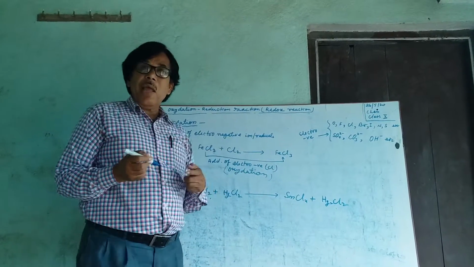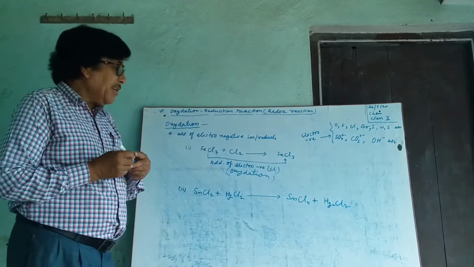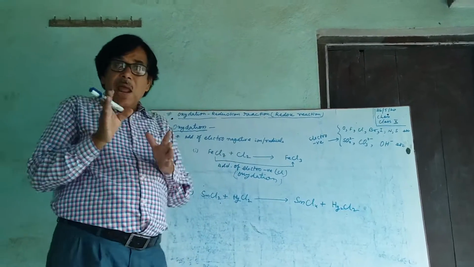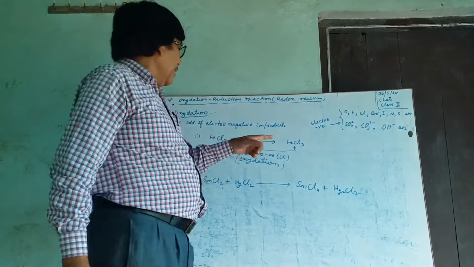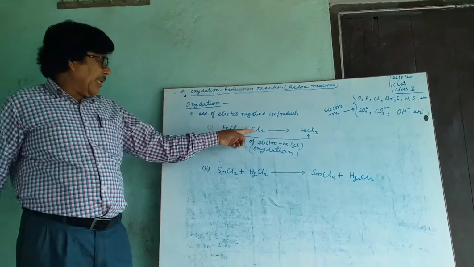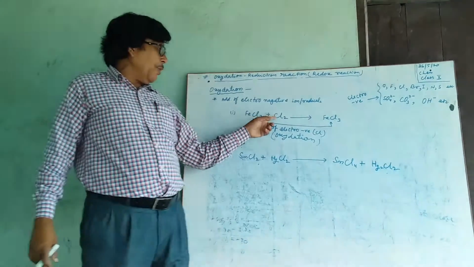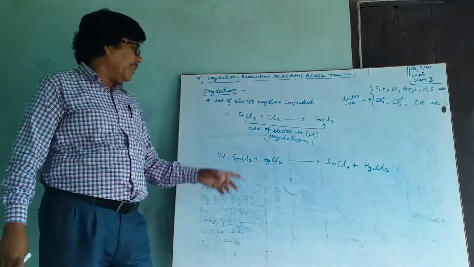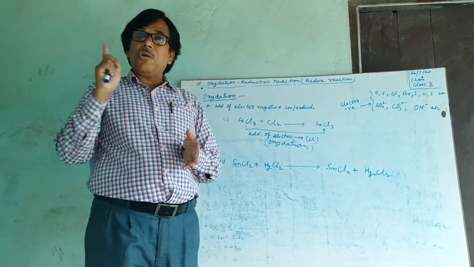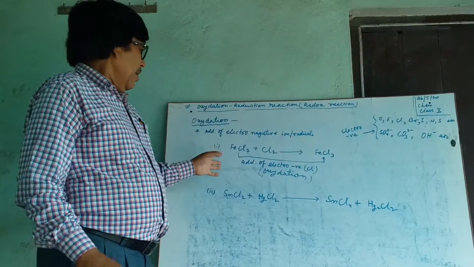Because chlorine is an electronegative element, we see that the oxidation has taken place due to addition of chlorine. It means chlorine is an oxidizer, oxidant or oxidizing agent.